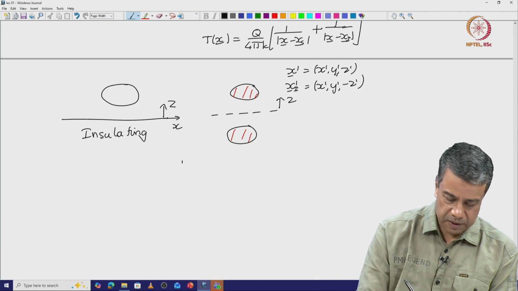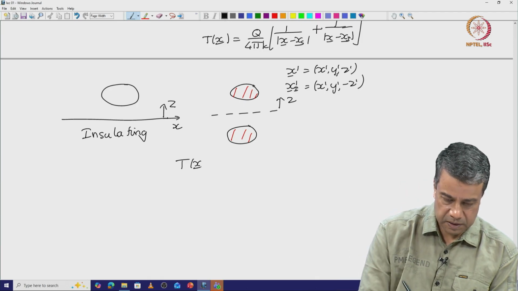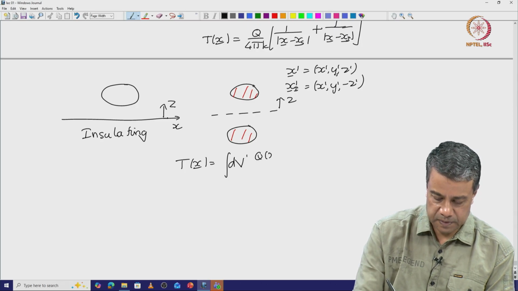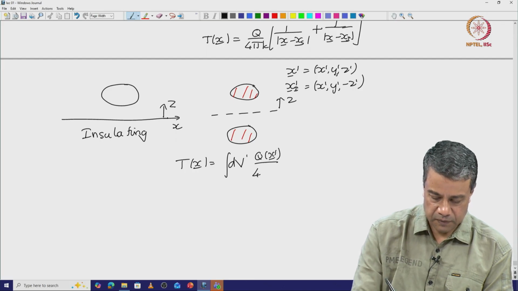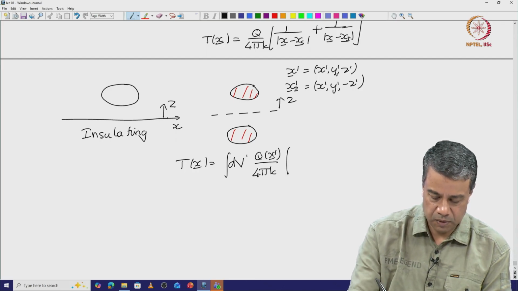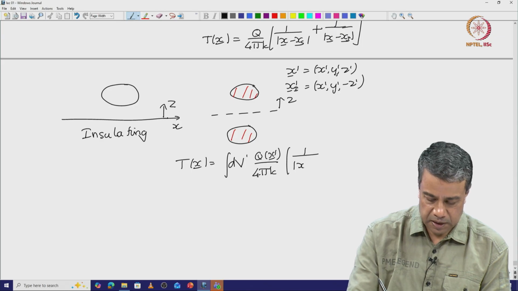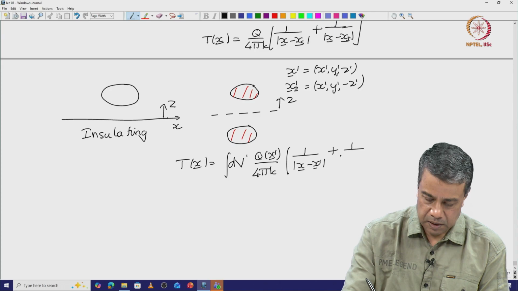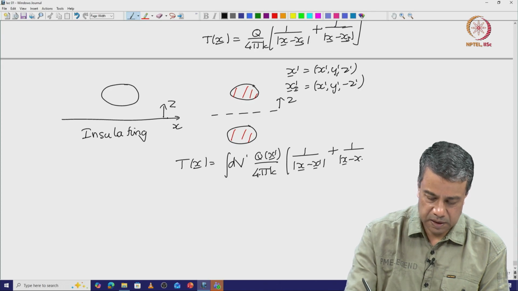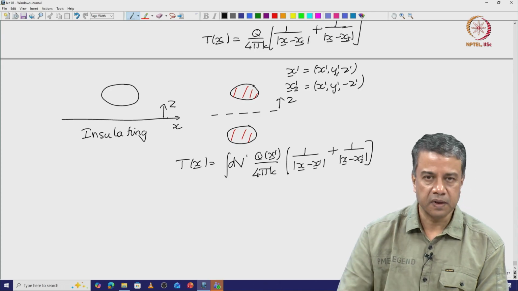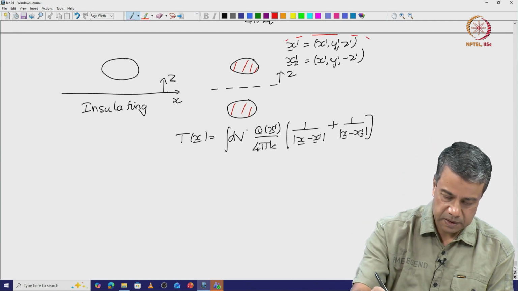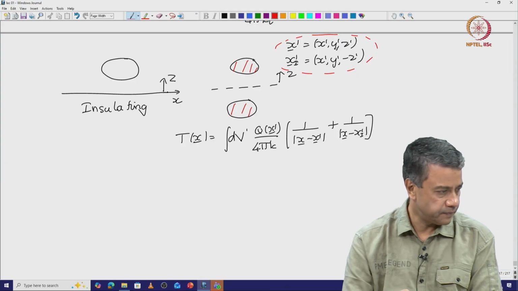And the temperature field due to this, T of x, is equal to the integral dV prime of q of x prime by 4 pi k into 1 by the magnitude of x minus x prime plus 1 by the magnitude of x minus x I prime, where x prime and x I prime are related by this relation.